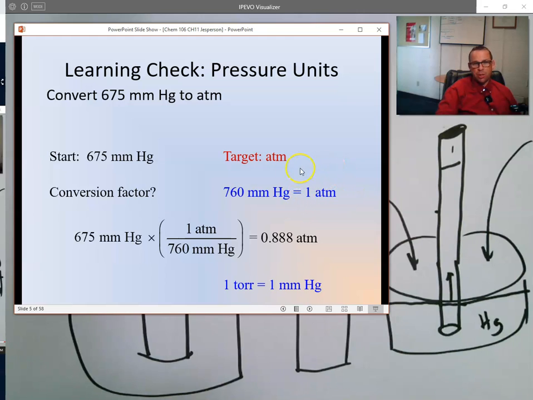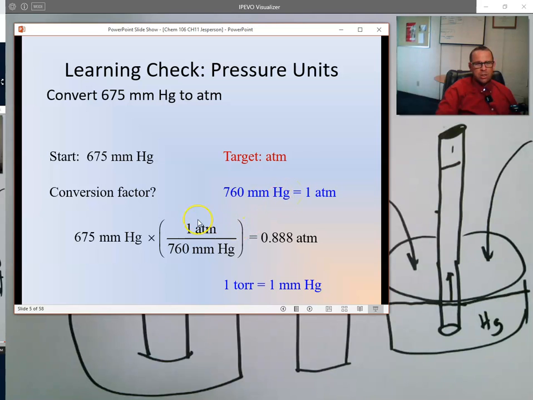Atmospheres of pressure, all right, just another unit to describe pressure of gas. And 1 atmosphere is 760 millimeters of mercury, or the same as 760 torr, okay? So these are the units that we'll be using for pressure.